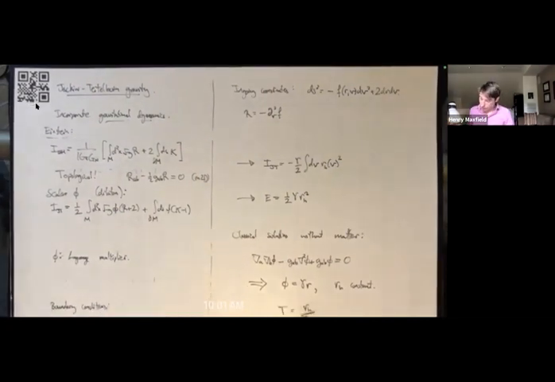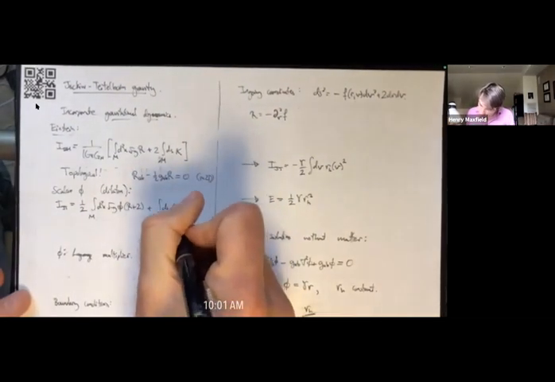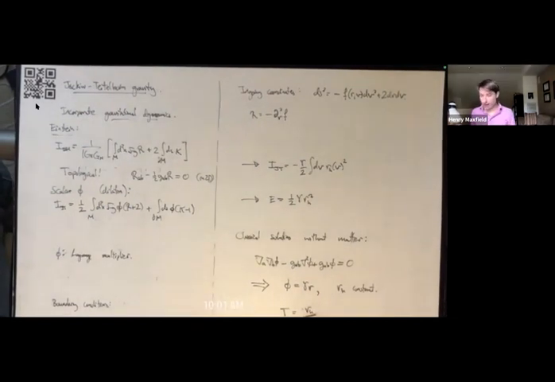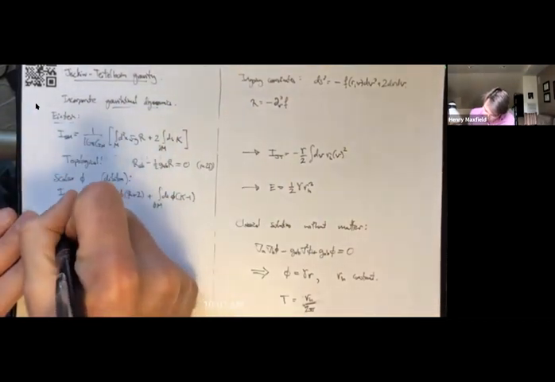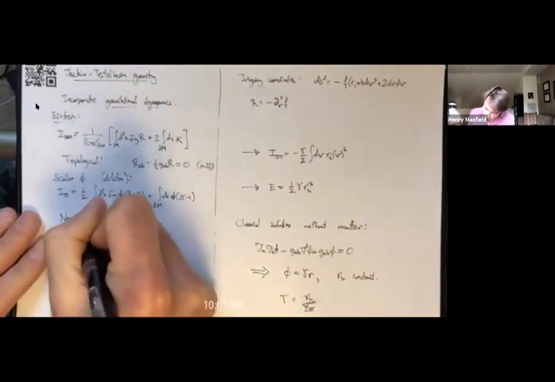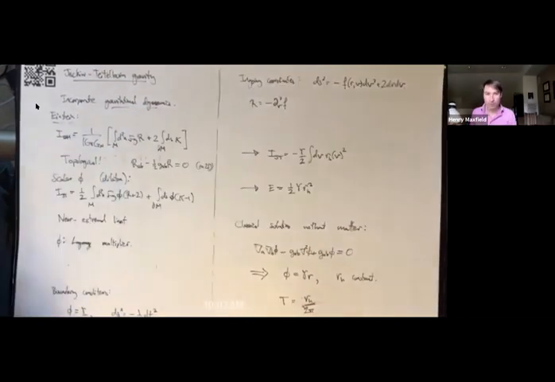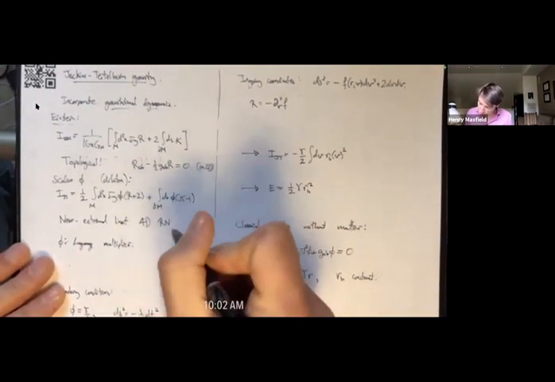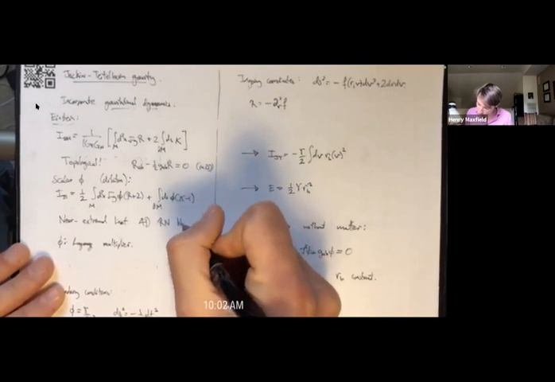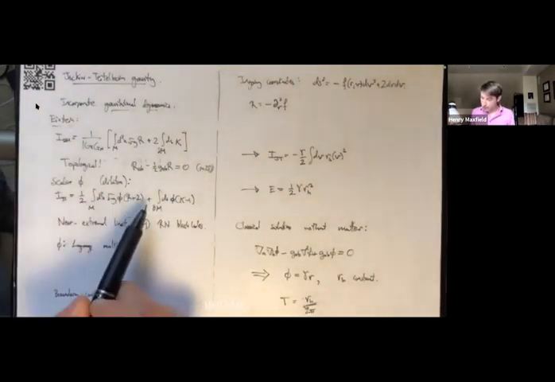This might look very arbitrary for now, but I'll just comment that this is actually incredibly natural, in particular if you look at the near extremal limit of black holes in higher dimensions. So if you look, for example, at 4D charged Reissner-Nordstrom black holes, then you get this theory.